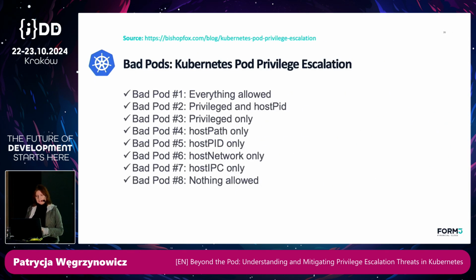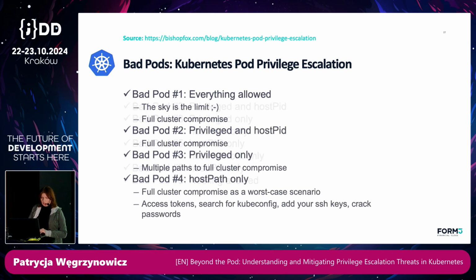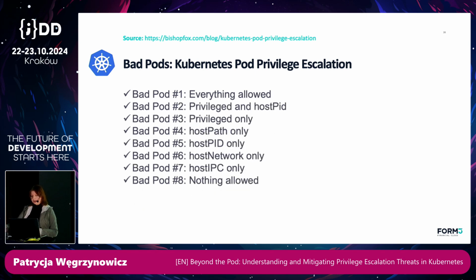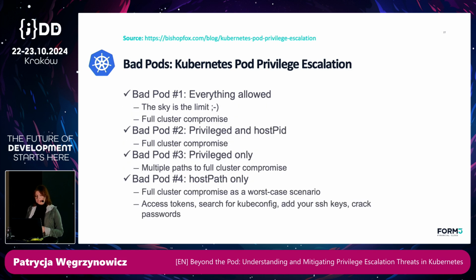Okay, so you've seen that even with not everything allowed, we could still enter the namespace of the host. Actually, privileged and host PID are pretty wide permissions, so you definitely need to be very careful when it comes to those configuration parameters. As you see, we have different sets of permissions that can be configured.